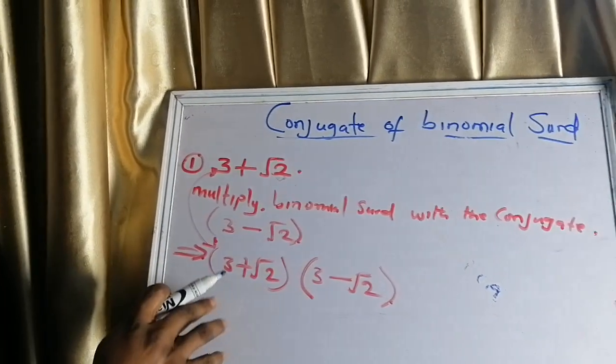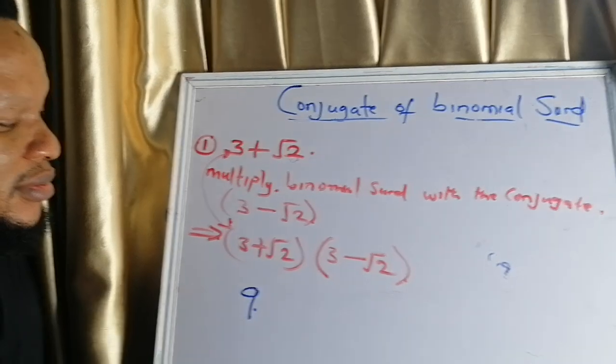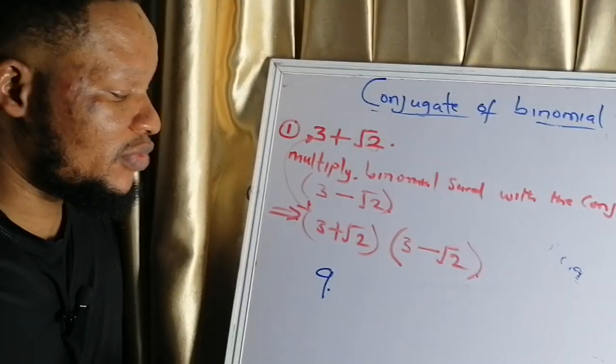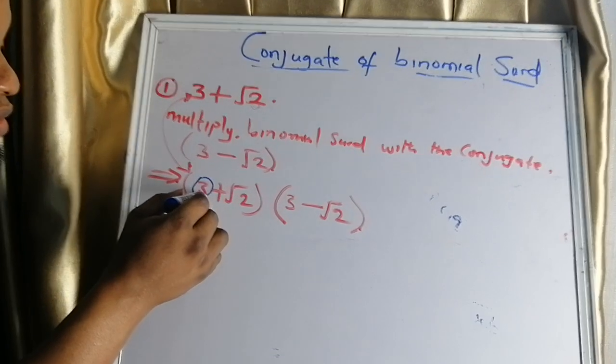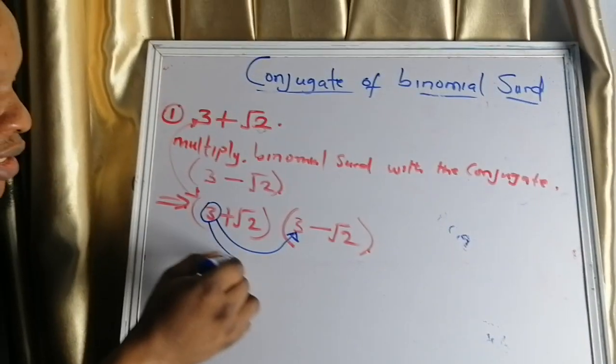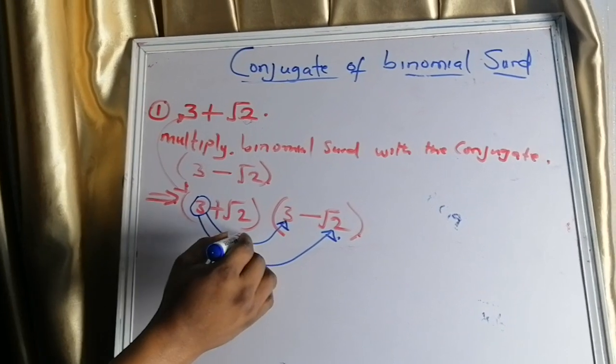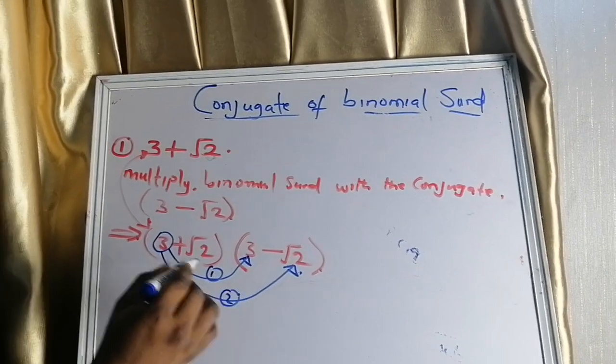So what do I need to do here? I'm trying to multiply both of them. You first multiply this with this. 3 times 3 is 9. That's step 1.